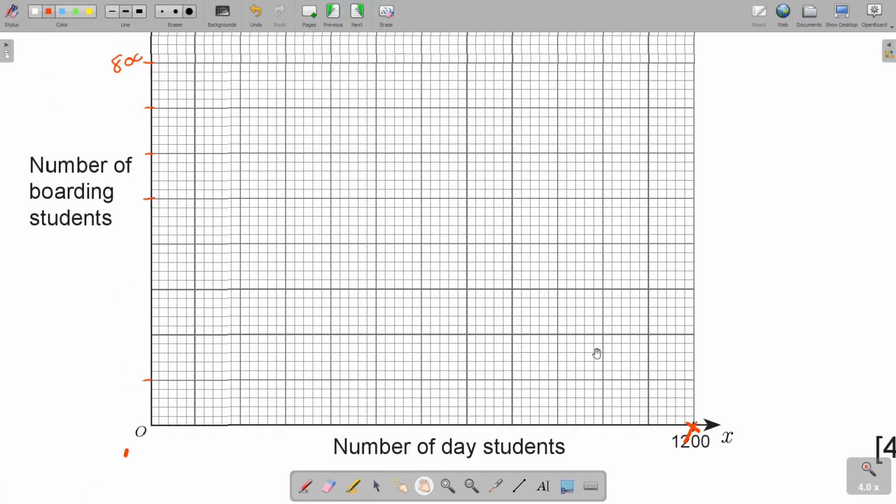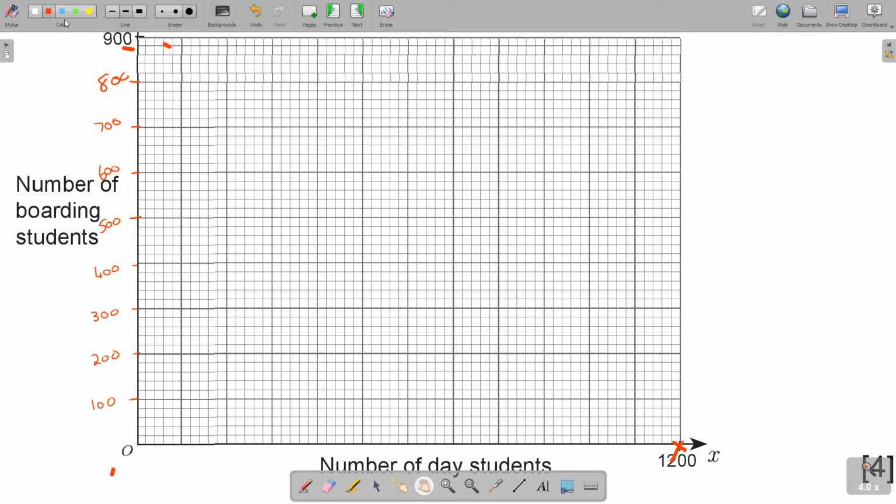Oh, there it's better. So let's see if it's working out now. So this is going to be 100, 200, 300, 400, 500, 600, 700. Okay. And now it's going to cut there at 600. And if I draw that line, what color was that line of mine?